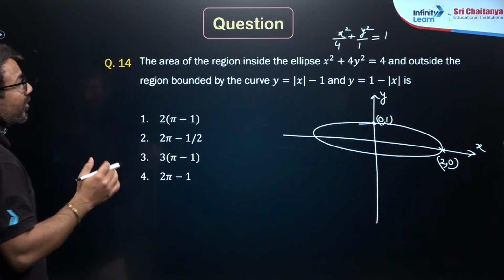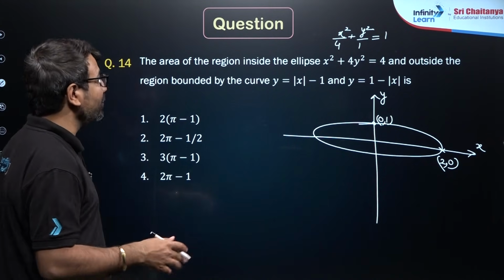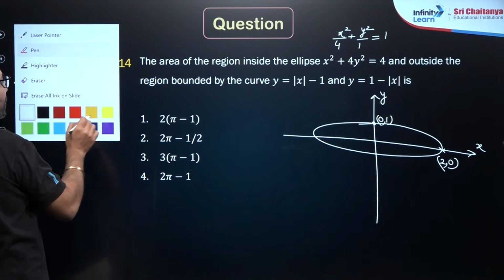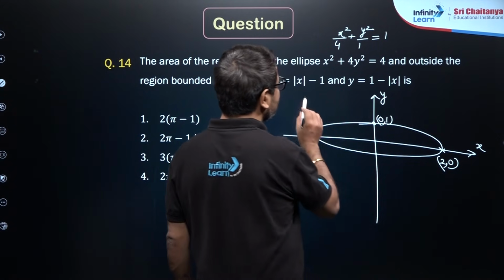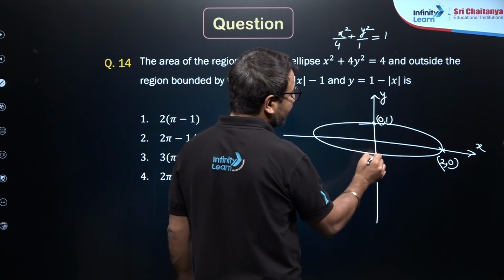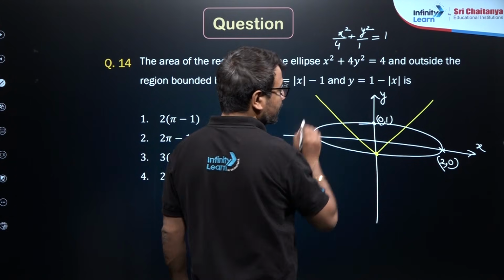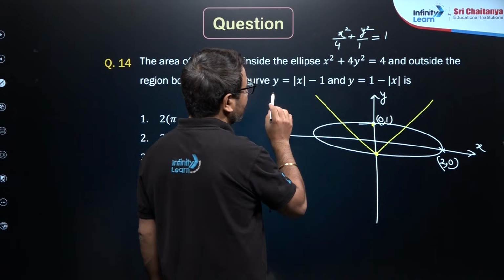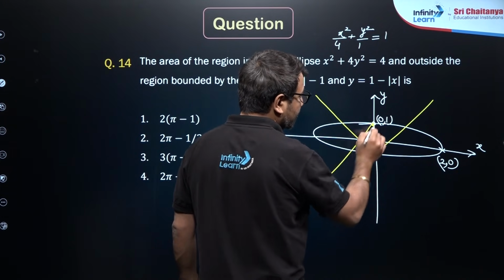Now the area of the region inside this ellipse and outside the region bounded by y equals mod x minus 1. It means that, my dear students, if I substitute x value 0, y value will be 1. So here this will be one of the equations, and if I substitute y value 0, so mod x is 1, so plus minus 1. So this is one such.